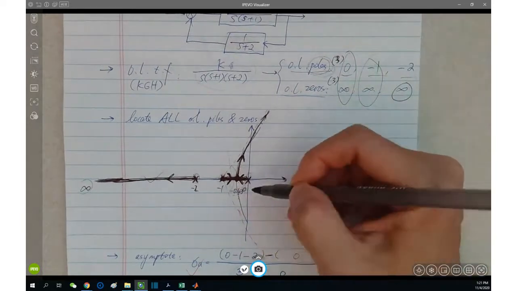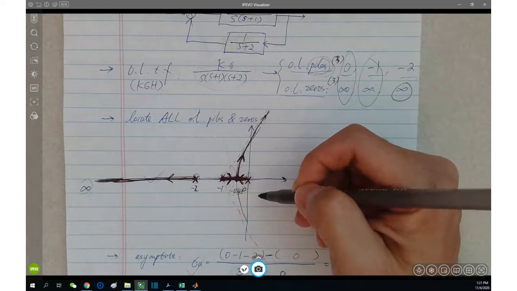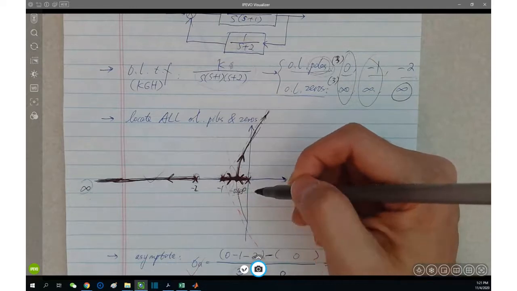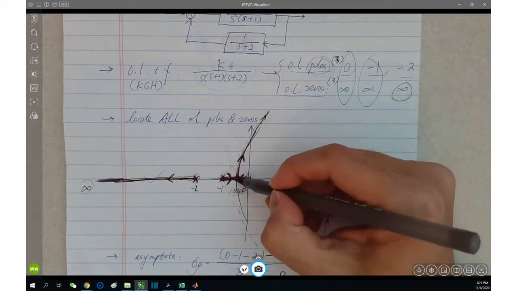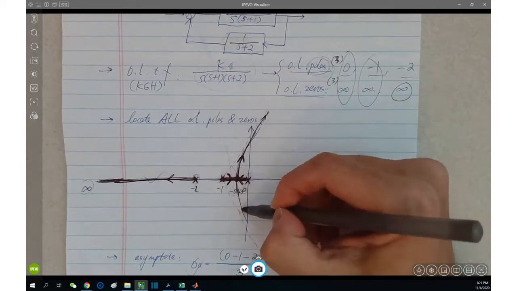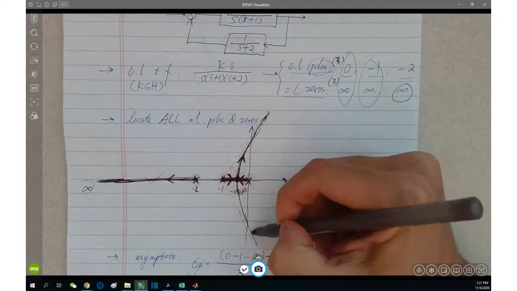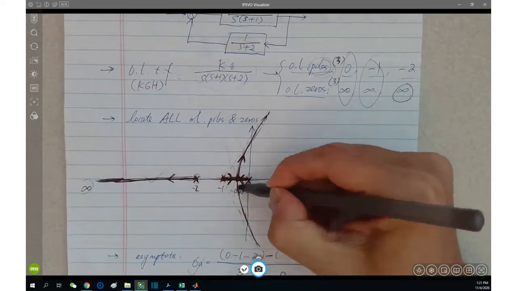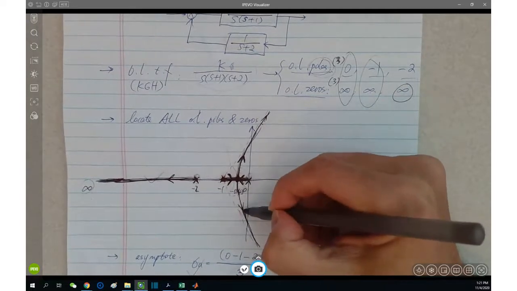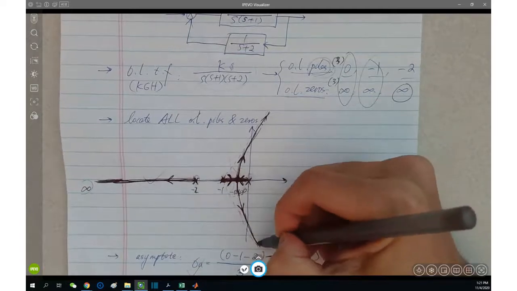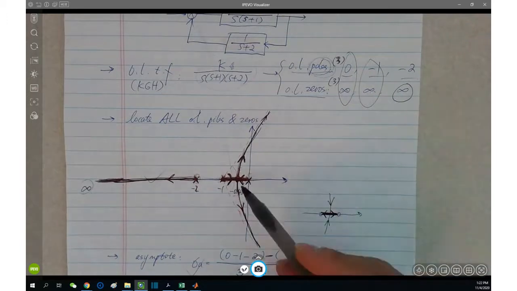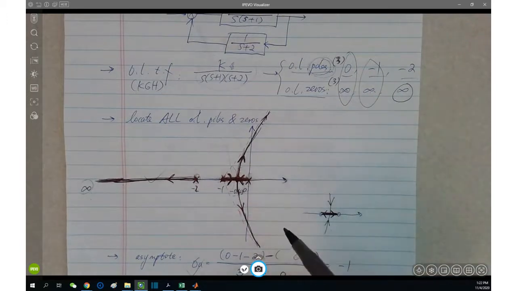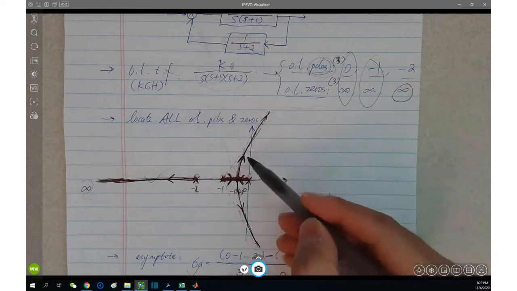And always remember the root locus is symmetrical about the real axis. So below the real axis, you have exactly the same thing. In dark black color, hopefully you can see it, is the root locus.